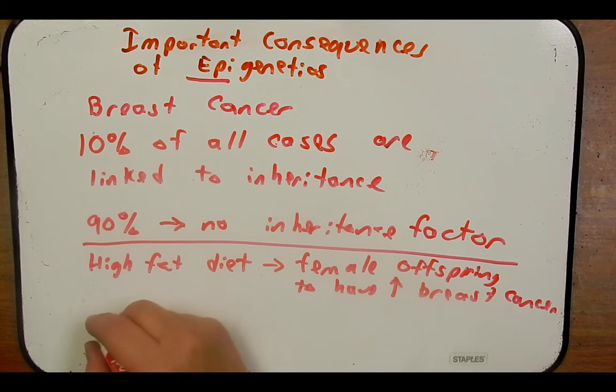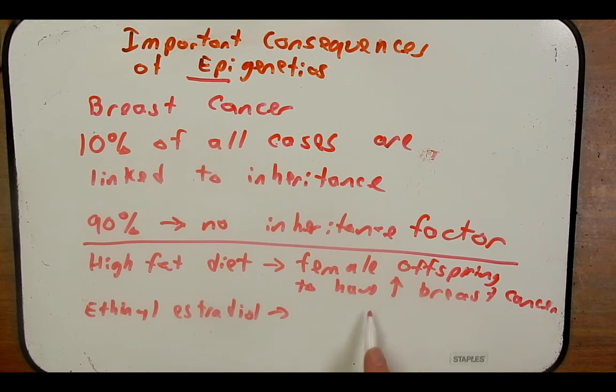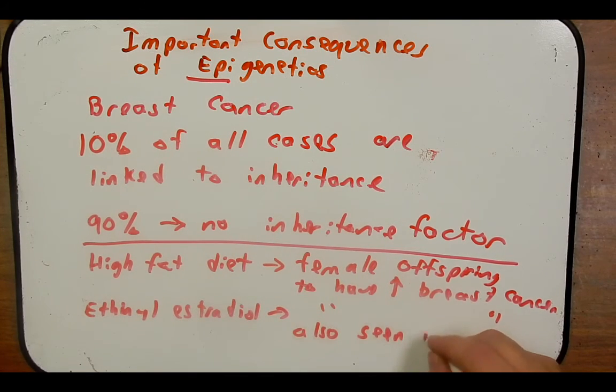However, another experiment using another cancer-causing agent called ethinyl estradiol had the same effect, female offspring to have an increase in breast cancer, but it was also seen in granddaughters. Again, it didn't change the sequence of the genes or the DNA, it just changed the ultimate phenotype.